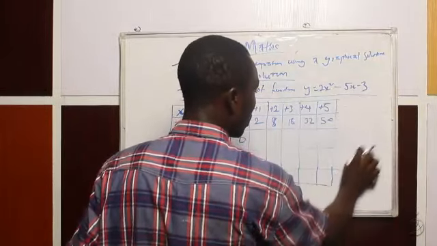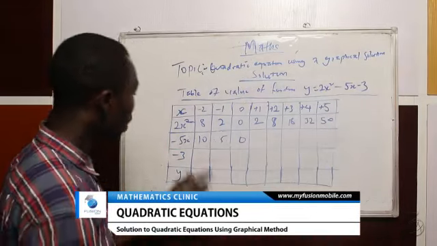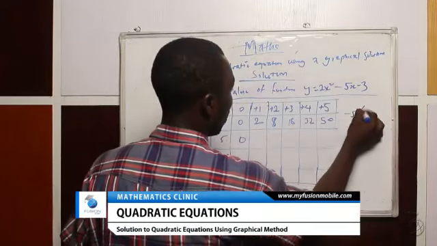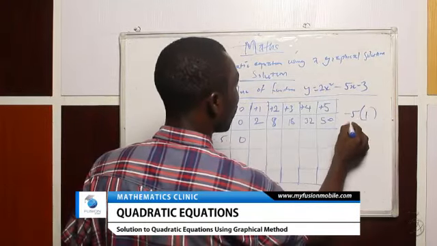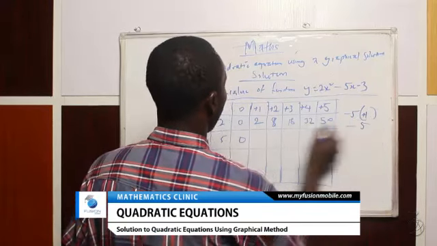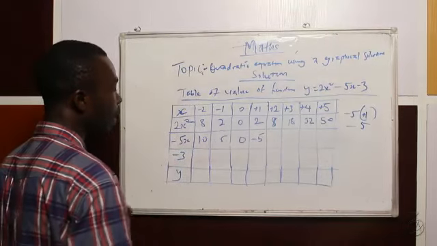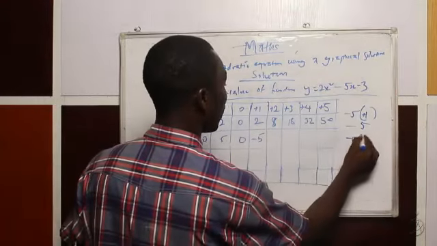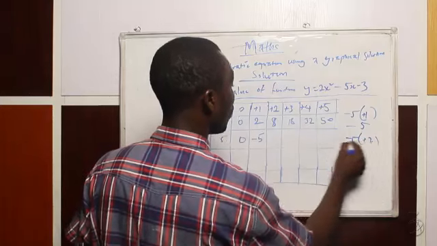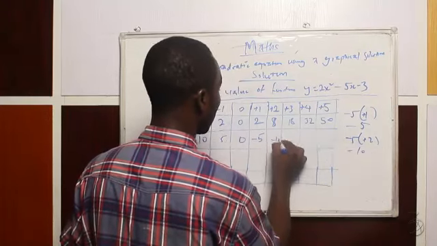We are not yet through. The game is not yet over. Now, minus 5 bracket into 1, which gives us minus times plus, because it will give us minus 5 times 1, minus 5. So this place is minus 5. Here is minus 5 bracket into plus 2. Minus times plus will give us minus 10. This place is minus 10.